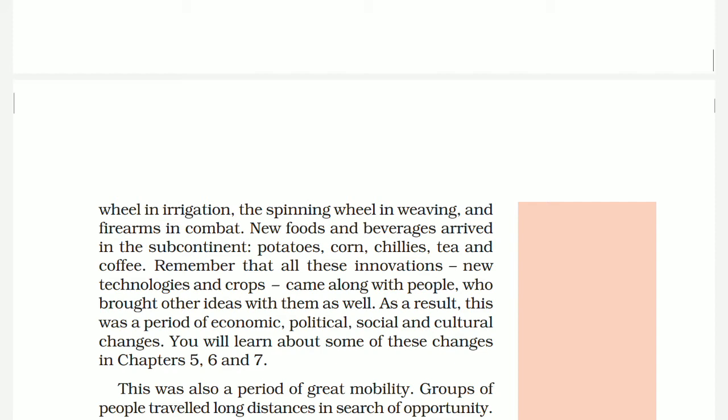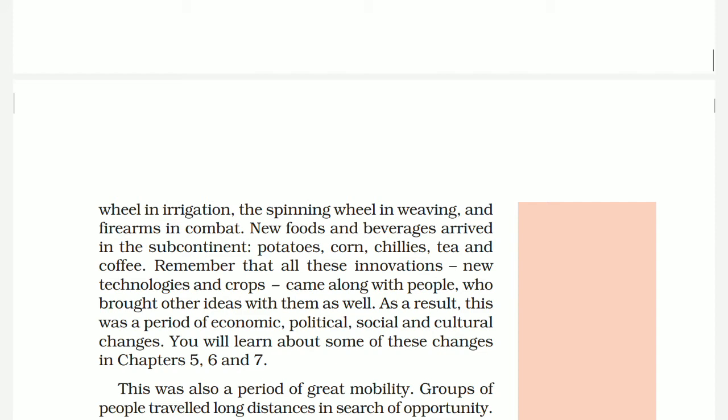New food and beverages arrived in the subcontinent: potatoes, corn, chilies, tea, and coffee. Remember that all these innovations, new technologies, and crops came along with the people who brought other ideas with them as well. As a result, this was a period of economic, political, social, and cultural changes.